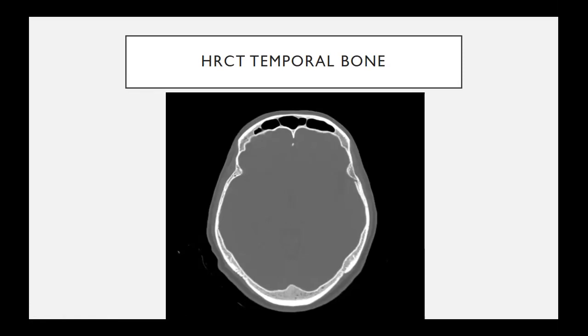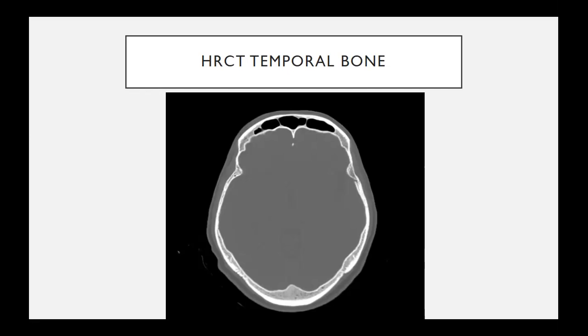So your first investigation of choice is an HRCT temporal bone. Yes, sir. What in the temporal bone CT scan tells you that this is either an operable disease or an inoperable disease? If there is a dural or intracranial involvement.